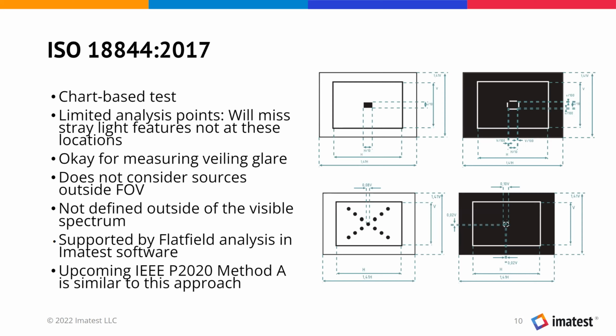You can have stray light originating from outside your field of view. It's not defined outside the visible spectrum, so it's not taking into account infrared or anything like that. And it also uses very limited analysis points. You're only able to quantify stray light within these circular patches, so there's a limited amount of spots that you can actually analyze here.